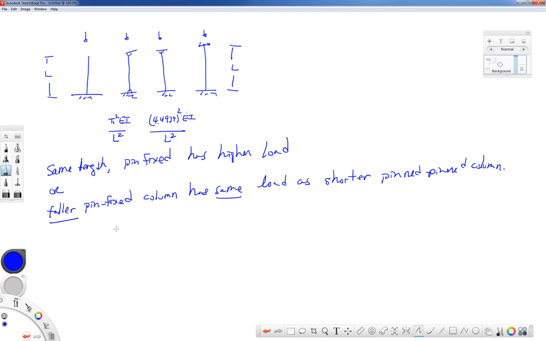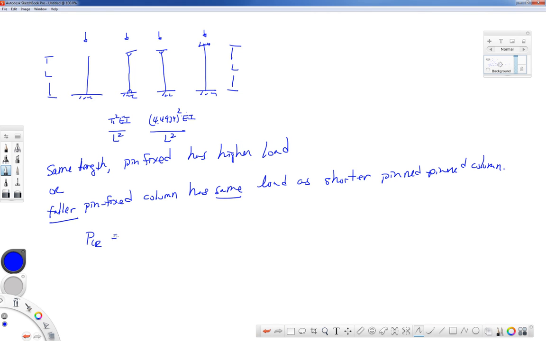Okay, so what I mean by that is we can come up with something called an effective length. The pinned and fixed column has an effective length that is shorter than a pinned and pinned column.